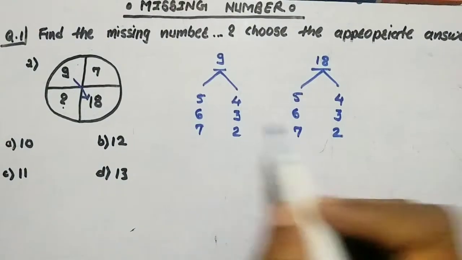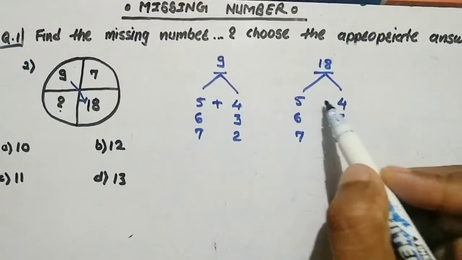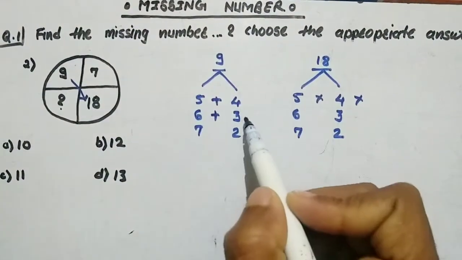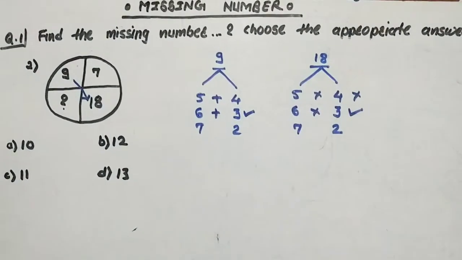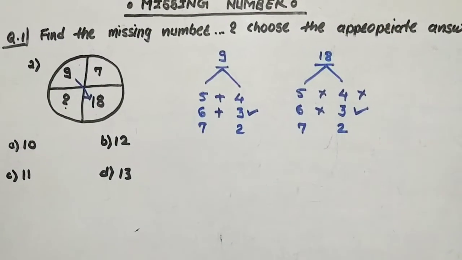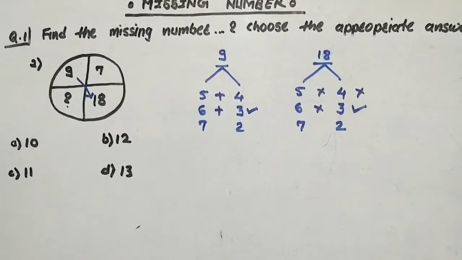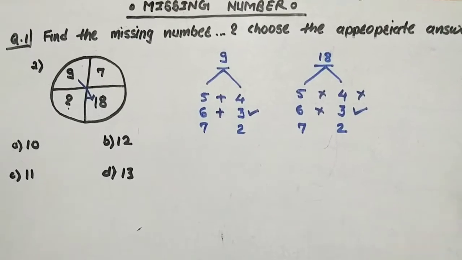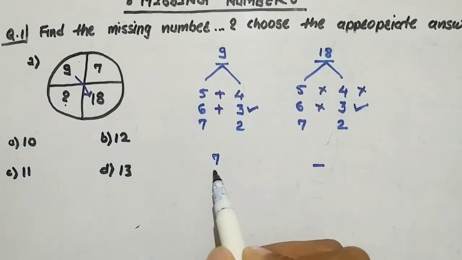5 plus 4 that is 9, 5 into 4 is 20, not possible. 6 plus 3 that is 9, and 6 multiplied with 3 that is 18. So 6 plus 3 are those numbers when we add, that is 9, and when we multiply, that is 18. Similarly here 7, and find the question.